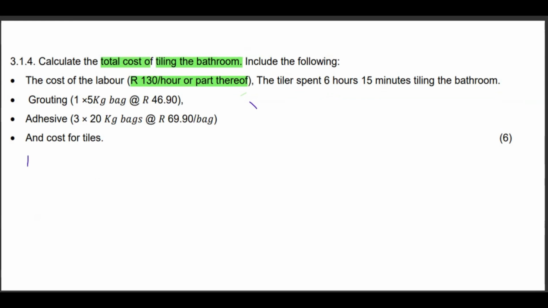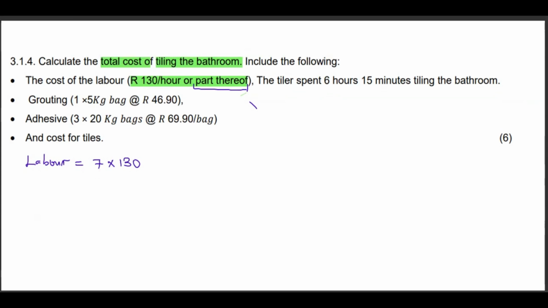So cost of labor, 7 hours times 130. Why am I saying 7 hours? I'm from explaining this term here, part thereof. Okay.